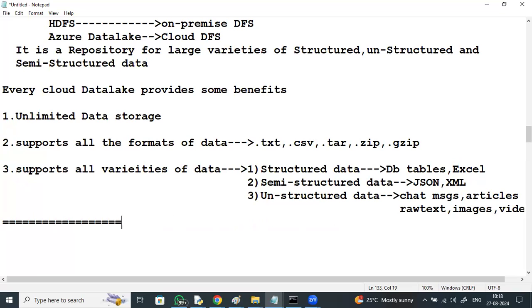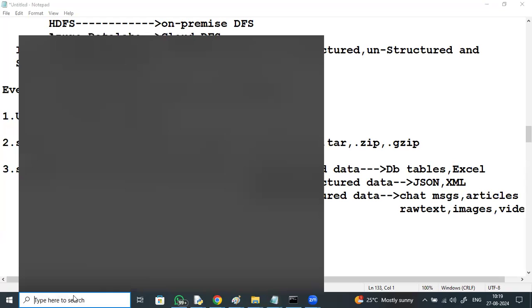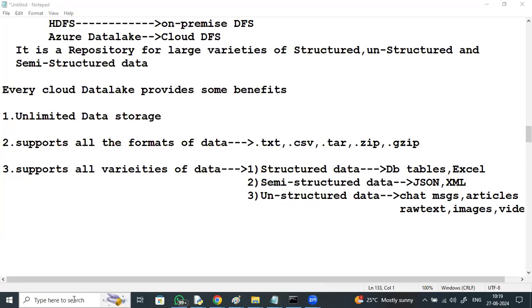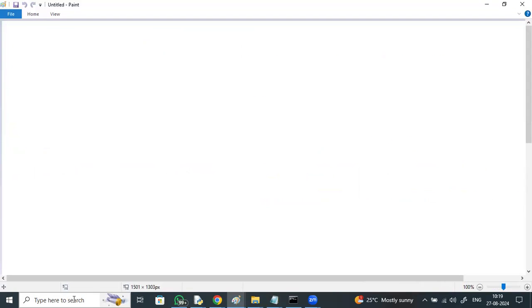For example, observe this: data is in the form of files.